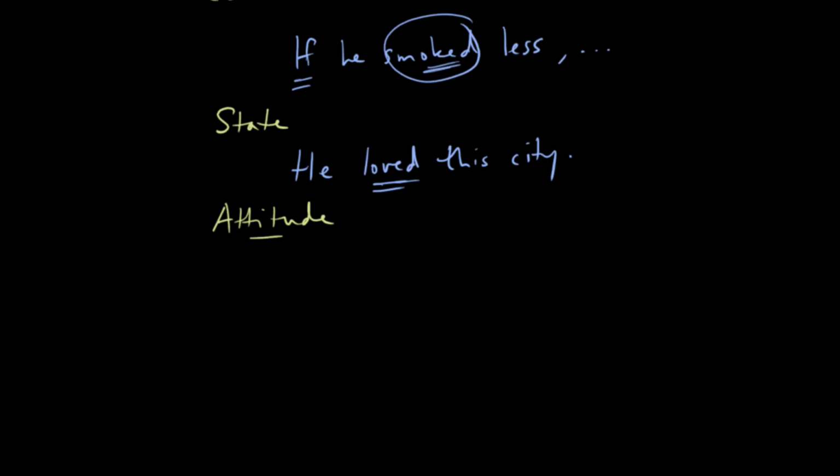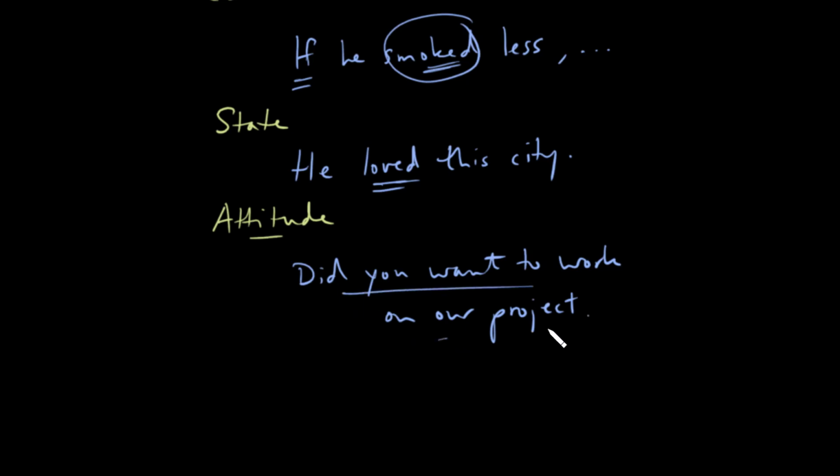Let's say that you say to somebody, did you want to work on our project? Now, what's unusual about this is that when you make this kind of request, when you express a little bit of hesitation, you're talking about your attitude, you're actually using the past tense in the present moment, because you're saying this about what's happening right now.